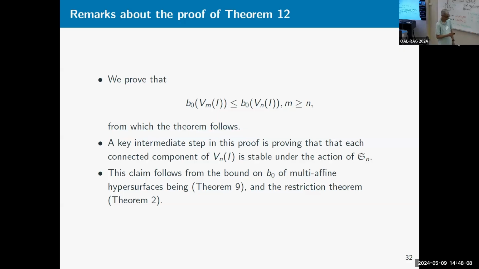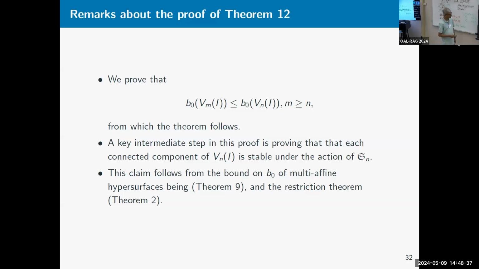But the key intermediate step in proving this was that each connected component is stable under the action of S_n. That means that S_n cannot permute the components, or in other words, that the H0 is a multiple of the trivial representation.